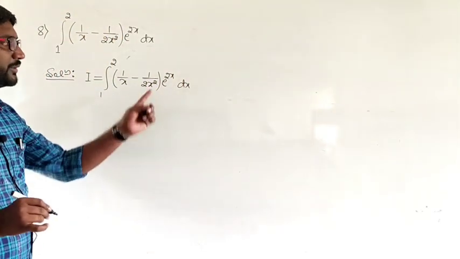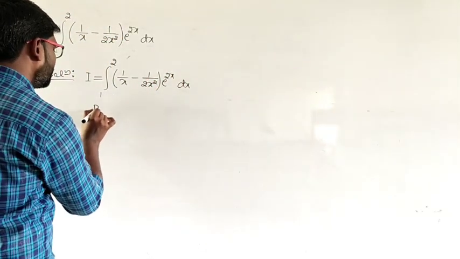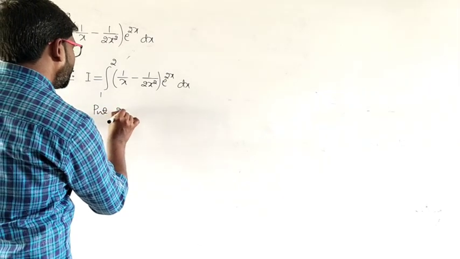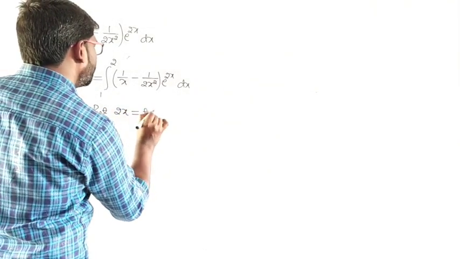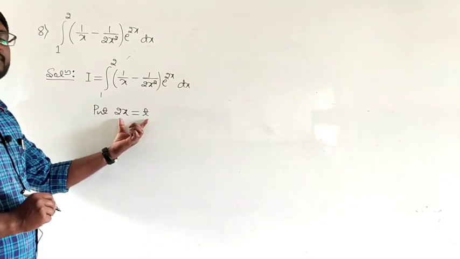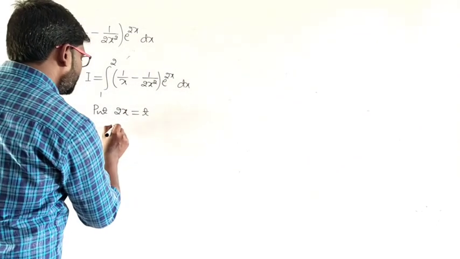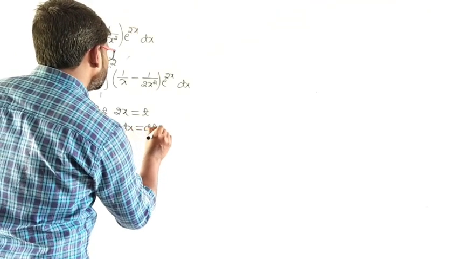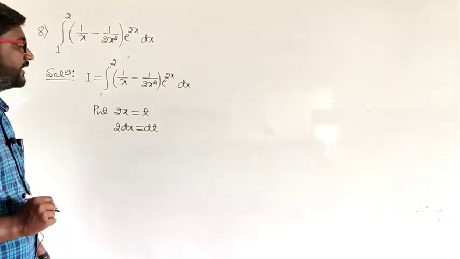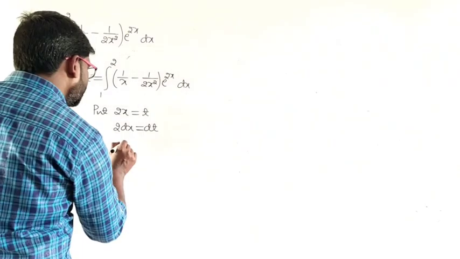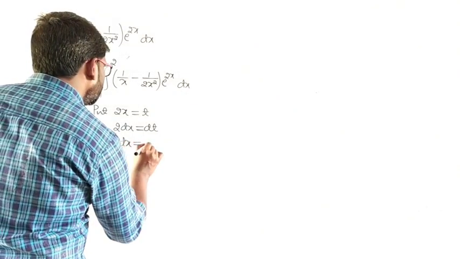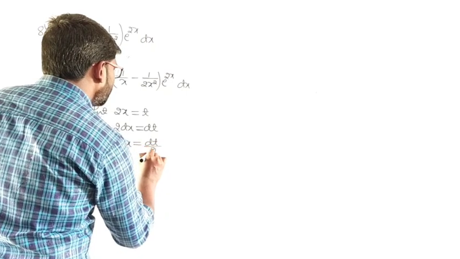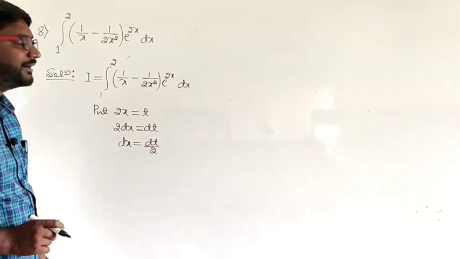Now put 2x equal to t. Now differentiate both the sides with respect to x. So here we get 2 dx equals dt. Now we need only dx, so dx is equal to dt by 2.